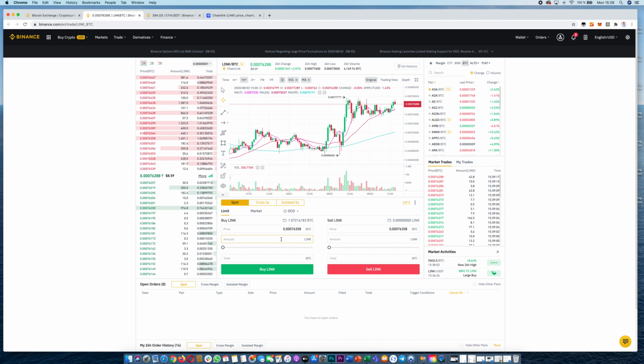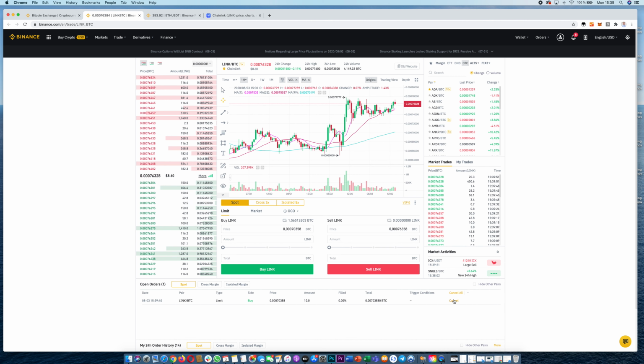A limit order is a bit different. You can enter a price where you want to enter a trade. For example, if the price of Link drops to 70,000 Satoshi, so 0.0007 BTC, you can click buy Link, and you would see here under open orders, and my position would only be executed if the price drops to that price.